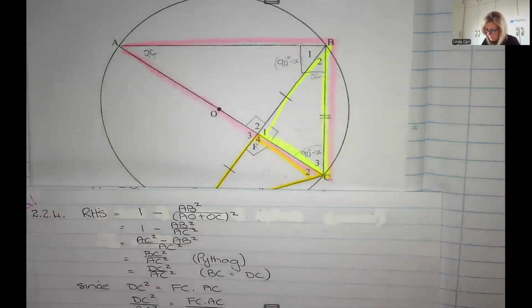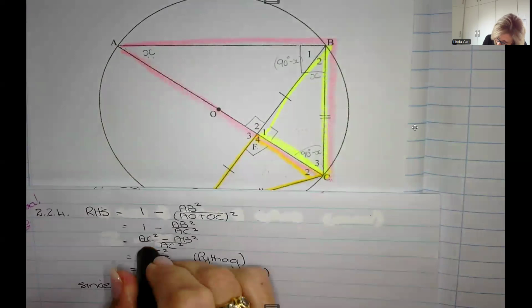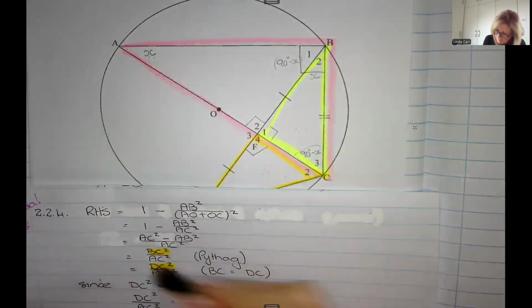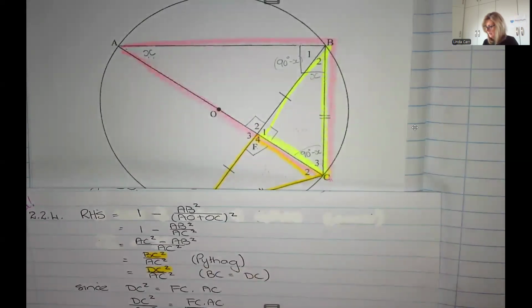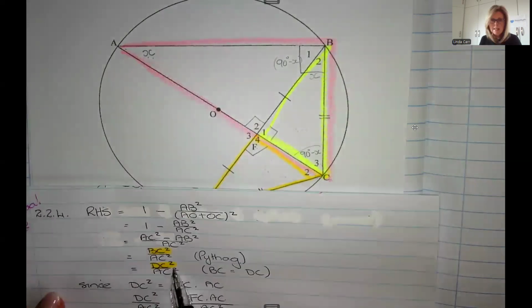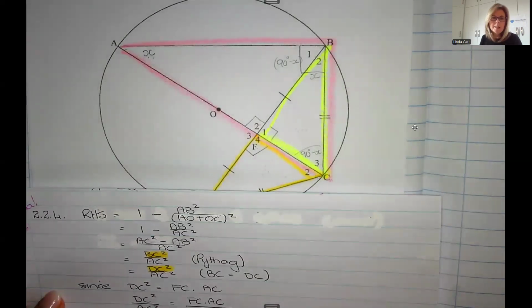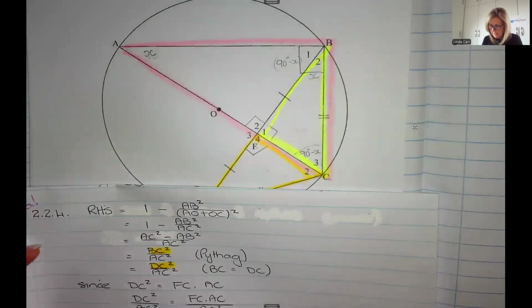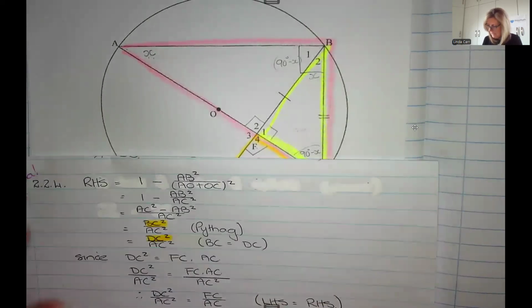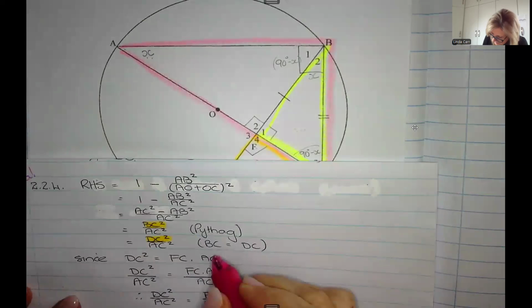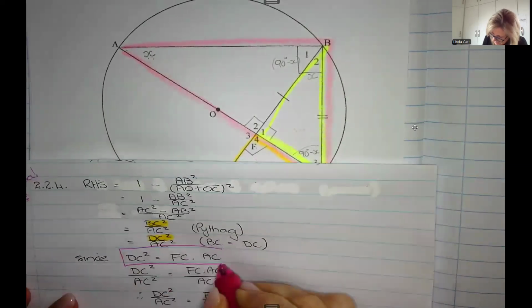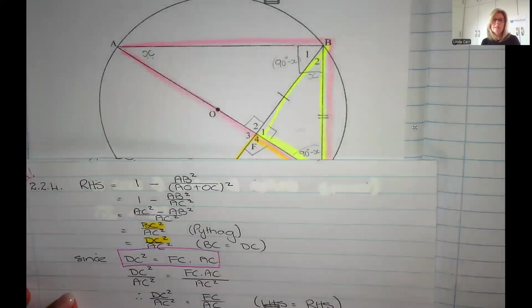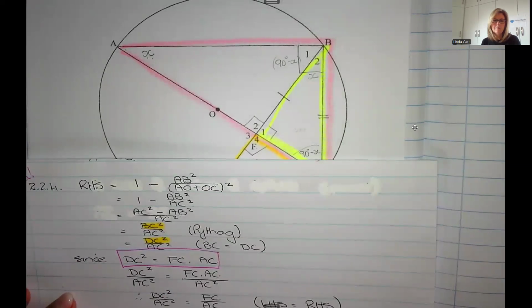But in my previous question, I proved that BC squared was equal to DC squared. And so my right-hand side has now become DC squared over AC squared. And then the real magic comes in. In my previous question, I proved that DC squared is equal to FC times AC.